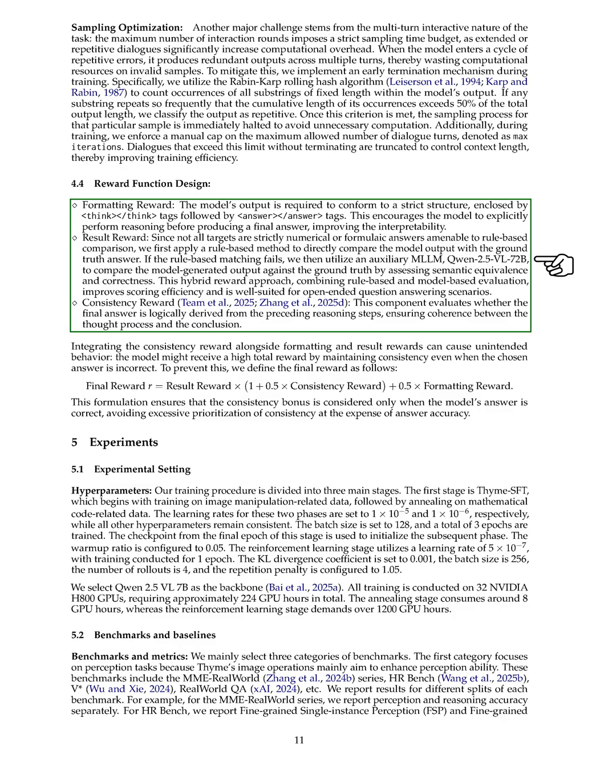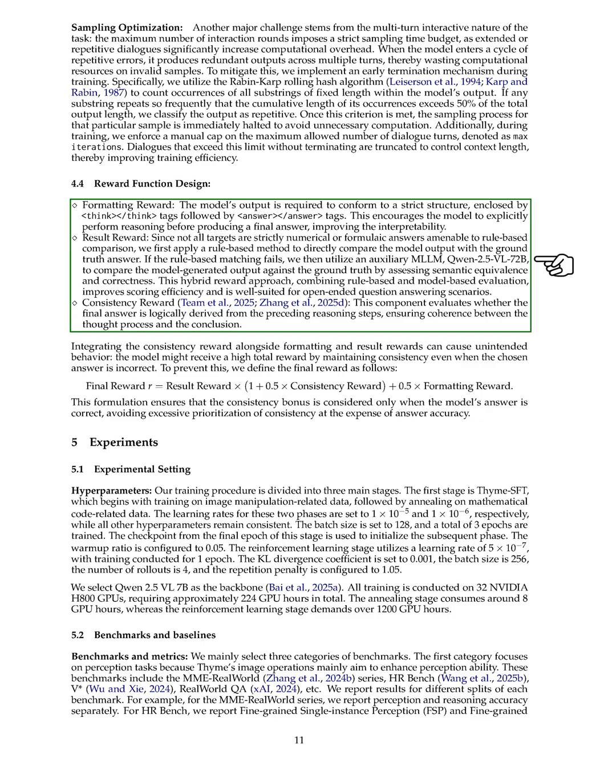For result reward, since not all answers are strictly numerical, we first use a rule-based method to compare the model's output with the correct answer. If this fails, we employ an auxiliary model, Qwen 2.5 VL 72B, to assess semantic equivalence and correctness. This hybrid approach improves scoring efficiency for open-ended questions.